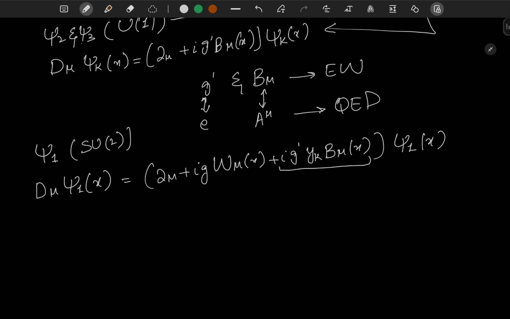Here we can see that we have an extra term, i g W mu, which is analogous to the G mu fields in the case of QCD. In QCD we had g_s, and here we have g.